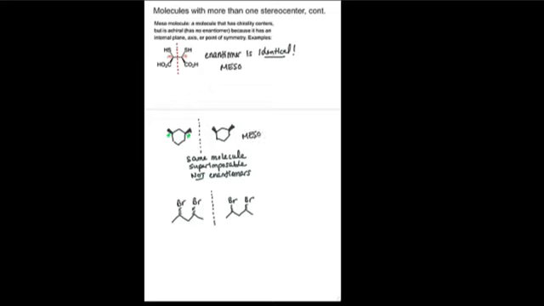Okay, so these structures were meso, these structures were meso. They're not two different compounds, they're the exact same molecule. It's a little bit more challenging when the two groups are not facing the same way. So in other words, they're not cis to one another. So let's draw an example of a trans mesostructure, and I'll show you how to think about that.